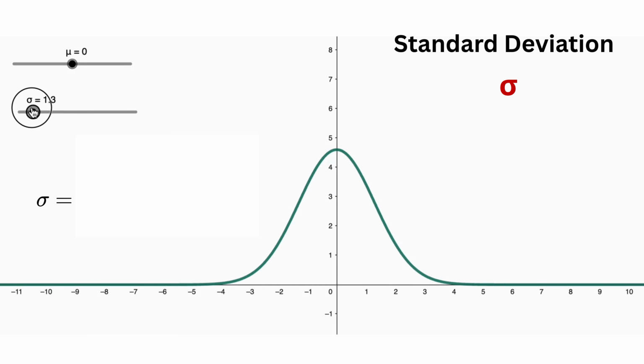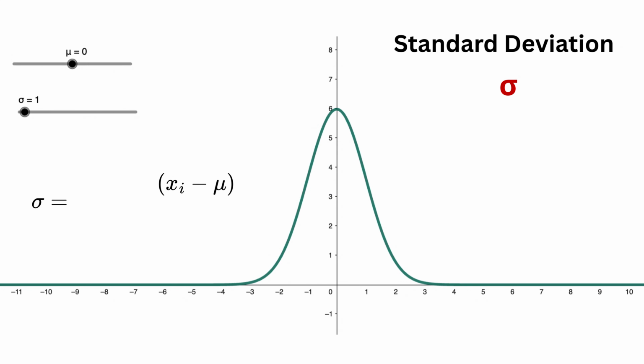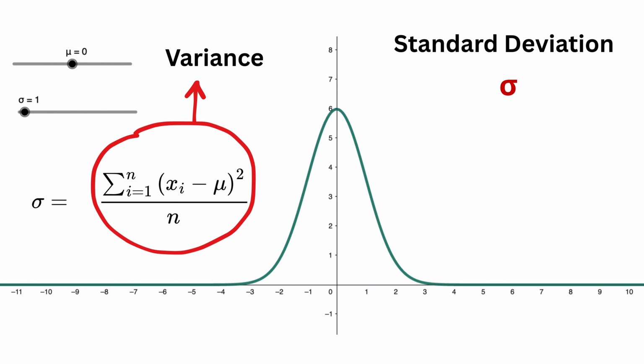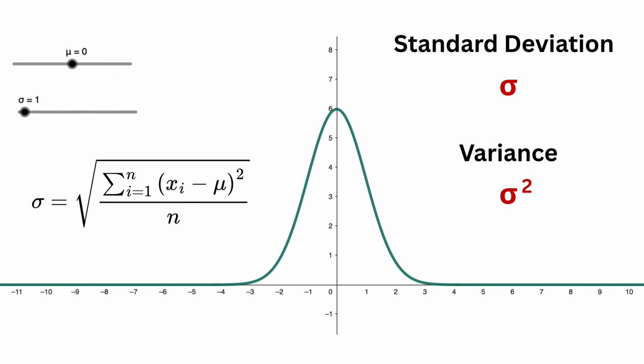To compute this sigma, first find how far each value is from the mean, then square those values, and then find the average of those squared values. What we got is called variance, and we denote it using sigma square. Then finally take the positive square root of this variance, and that result is sigma.